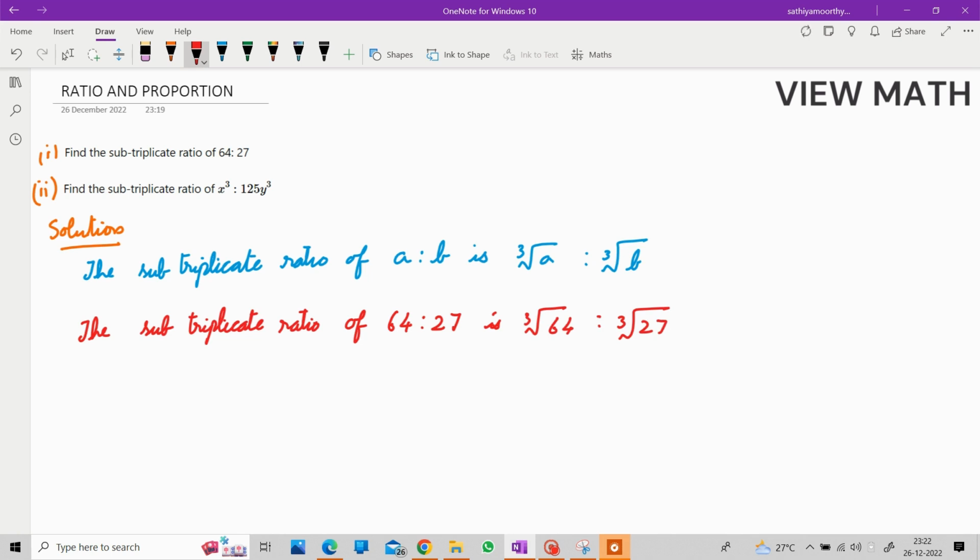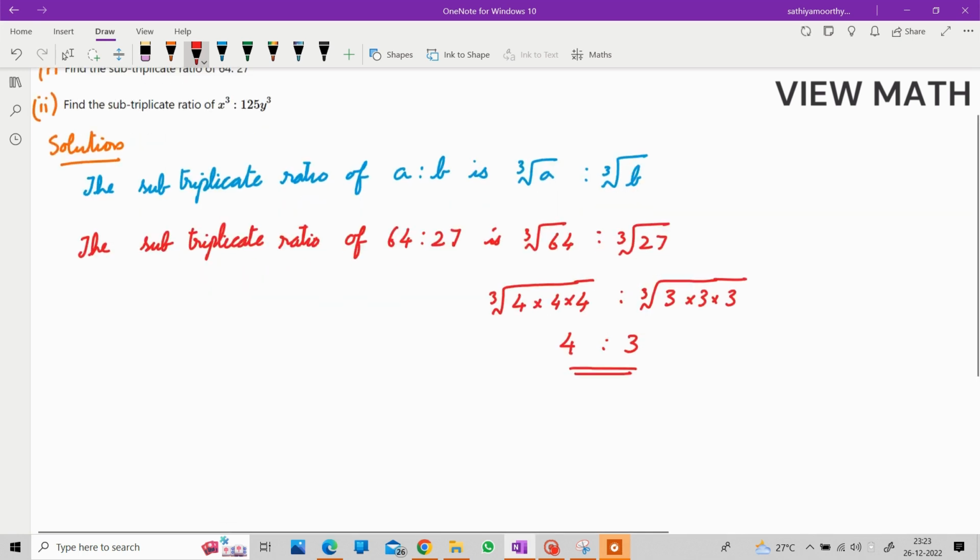So 64 I can write as 4 into 4 into 4, and 27 I can write as 3 into 3 into 3. So now the cube root of 64 is 4 and the cube root of 27 is 3. So this is the subtriplicate ratio. Now let me do the second subdivision.